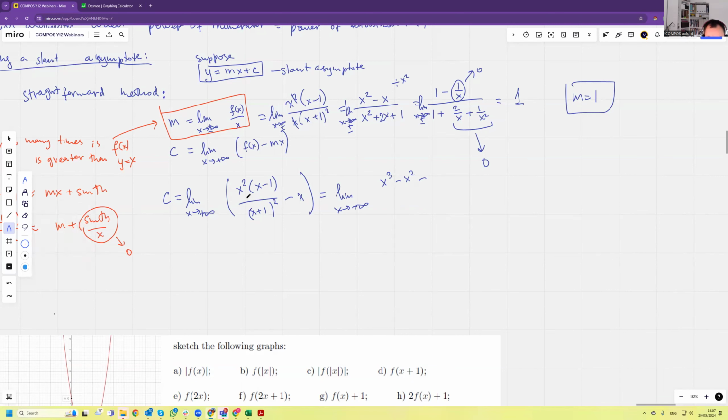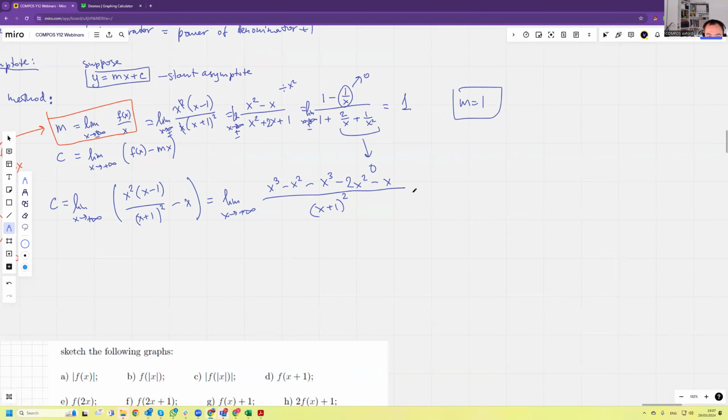Okay, so then we find this. So x cubed minus x squared minus x cubed minus 2x squared minus x over x plus 1 squared.